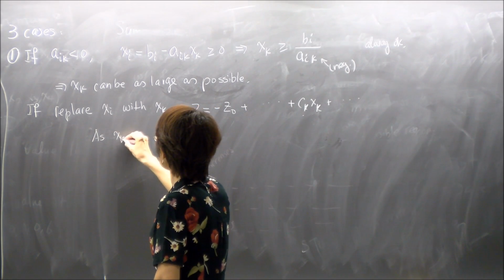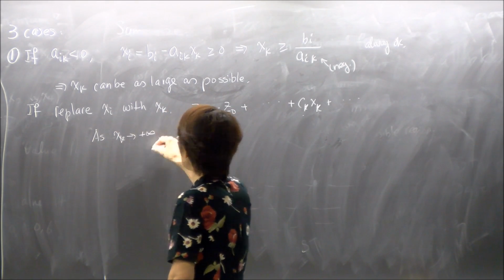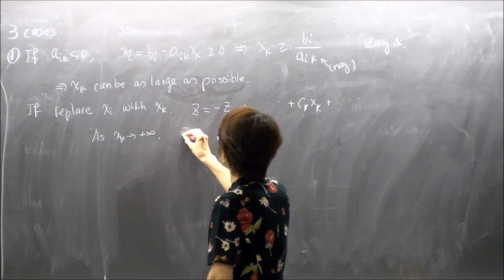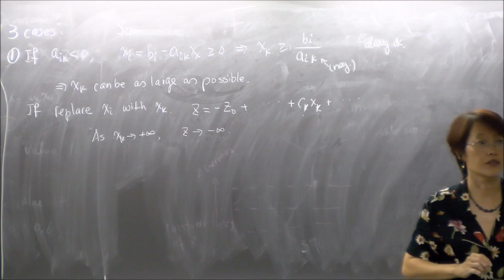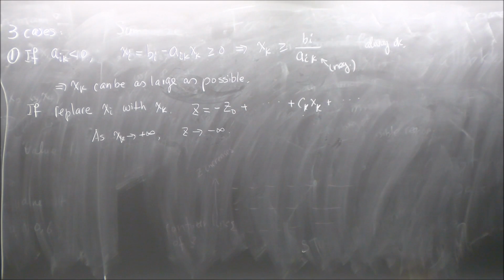As xk approaches infinity, it can just grow as big as you want, and z would go to negative infinity. So the minimum will be unbounded below. It can be as small as you want, as negative as you want. All right? Okay, if I don't find an upper bound for xk, of course.